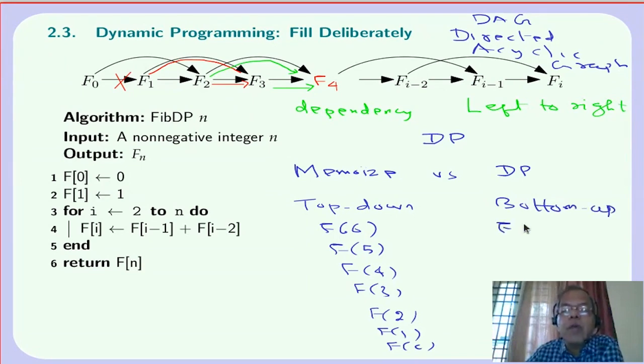First solve f of 0, then f of 1, then f of 2, f of 3, f of 4, f of 5. Finally, f of 6. It is a matter of preference and taste. Both achieve the same thing. Okay? Very often, the dynamic programming version is easier to understand than the memoized version.